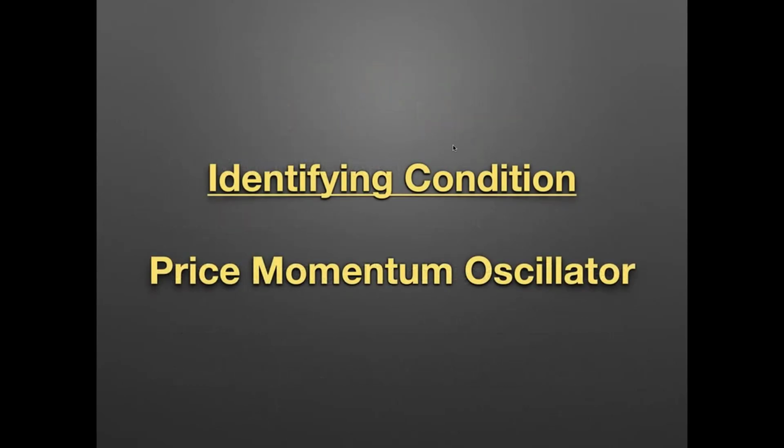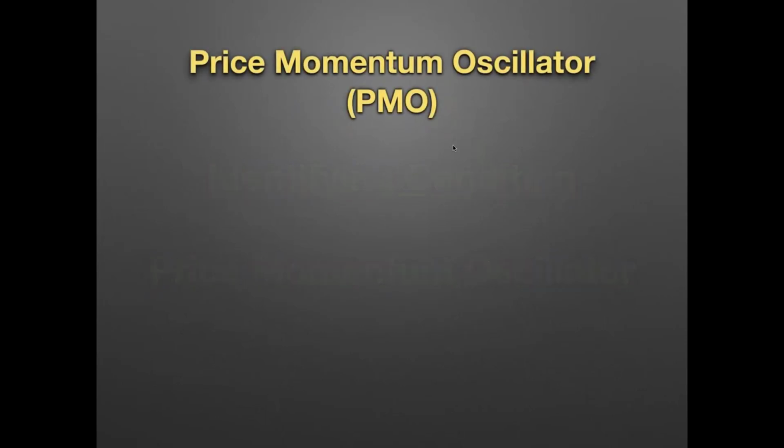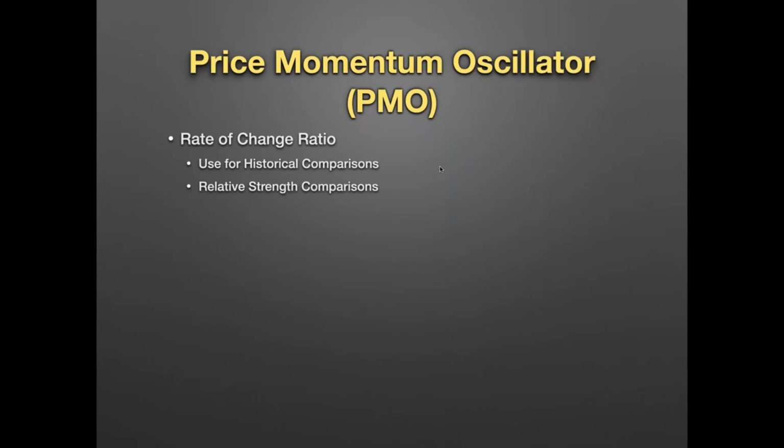So let's look at the condition with the price momentum oscillator. Let me tell you a little bit about it. It's a rate of change ratio. So it's very similar to the MACD and the PPO. We can use it for historical comparisons because it is a rate of change ratio. And we can use it for relative strength comparisons.